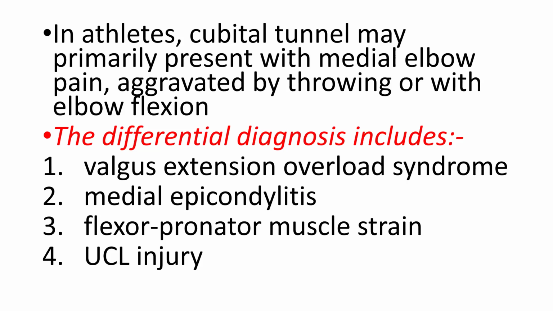Now, I want to just previously mention the radial nerve. We know about the radial nerve that it lies by the triceps tendon. It arises from the posterior cord, and we know that it passes through a spiral groove on the humerus. Then it penetrates the lateral intermuscular septum at around 10 centimeters above the elbow joint.